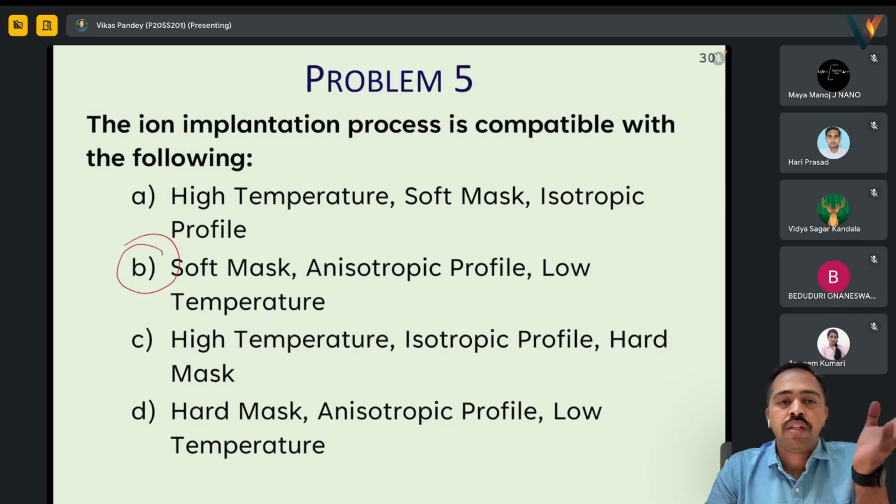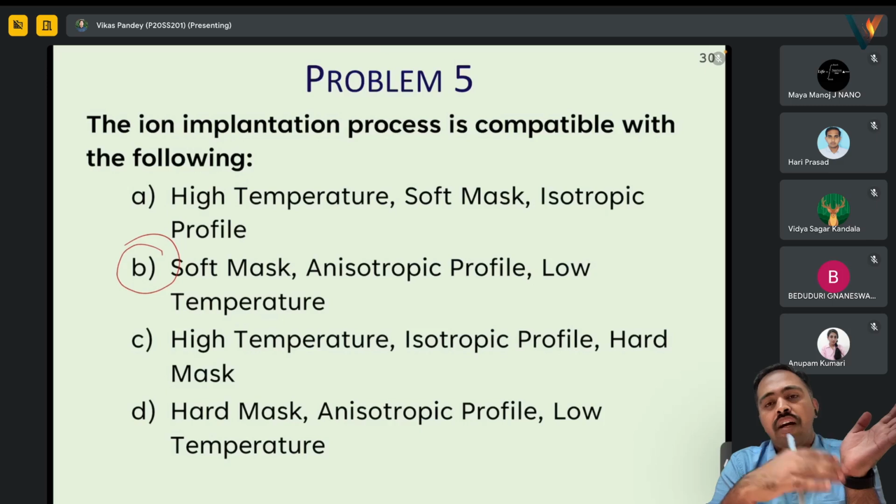We can do this process at low temperature. It does not require that much temperature. Certainly, to lessen the effect of this damage and all, we can go for some temperature, and we can do some small RTA that will not be for a longer period of time.